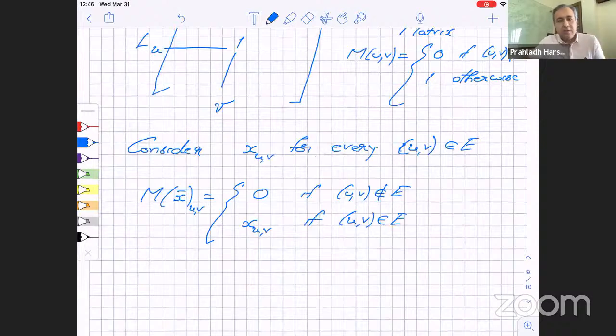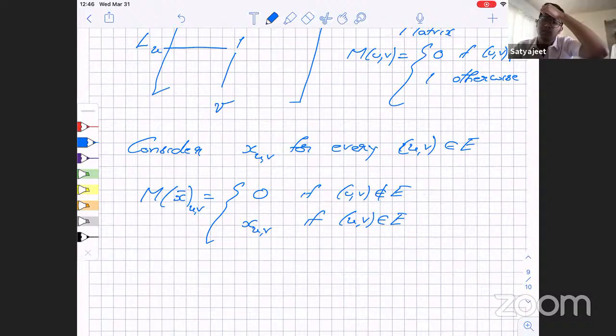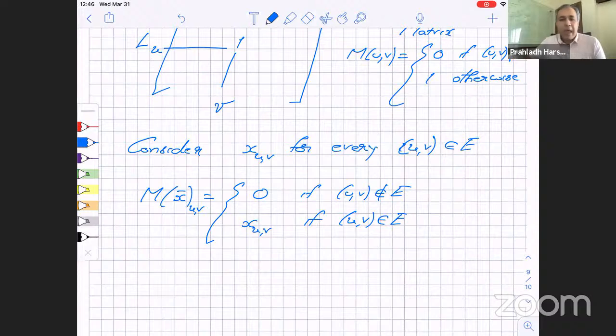Now let's stare at this. What can you say about the determinant of this matrix, and the fact that there is a perfect matching or not? If it is non-zero, then there is a matching. Every term in the determinant, or the permanent for that matter, corresponds to a matching, and no two matchings are going to cancel out each other in this formal setting. Notice that.